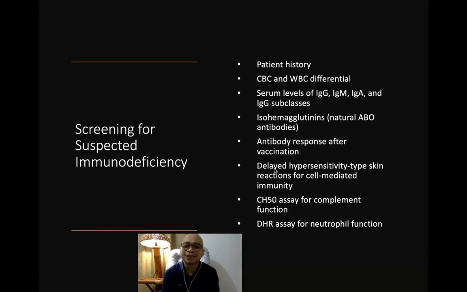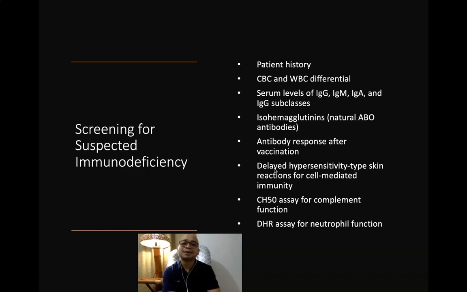Okay, so how do we screen for suspected immunodeficiency? First, we can look into the patient history, and we do the routine tests such as CBC, and then doctors would now start to request immunoglobulin levels. Although this is quite expensive, because most of the time it will require you to have the immunofixation electrophoresis.